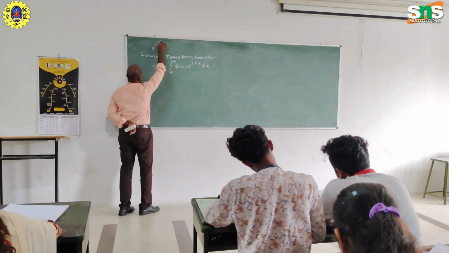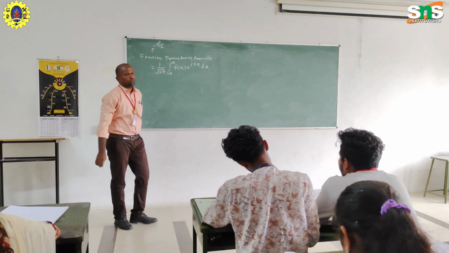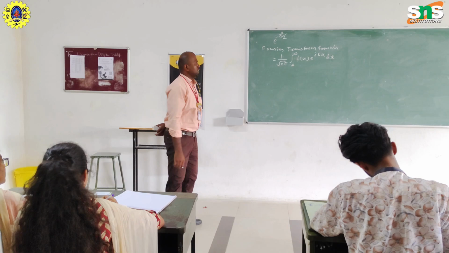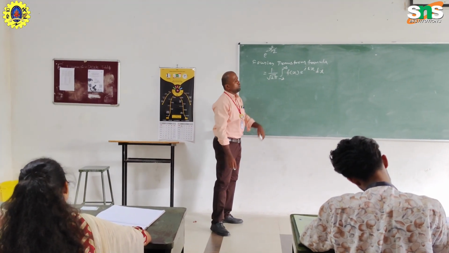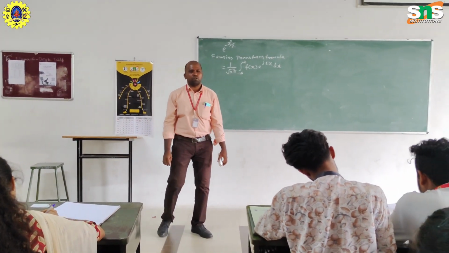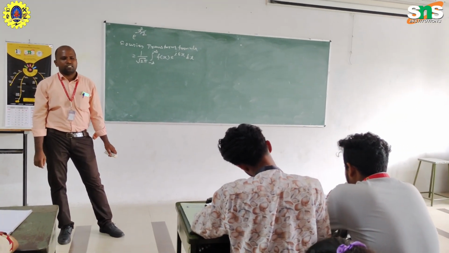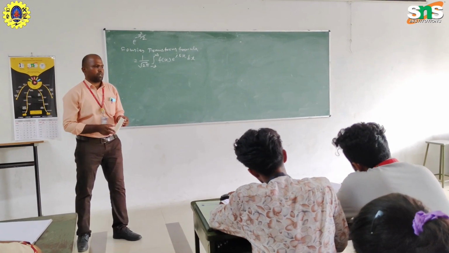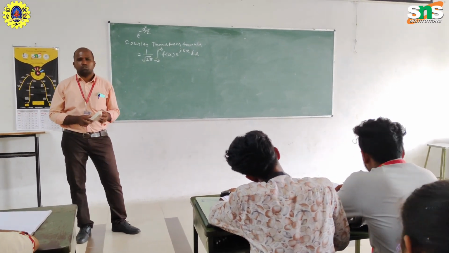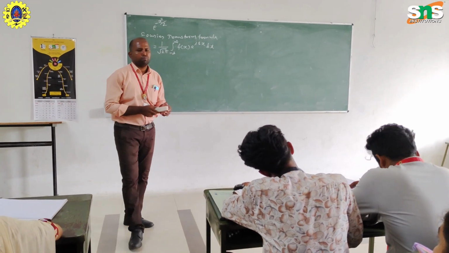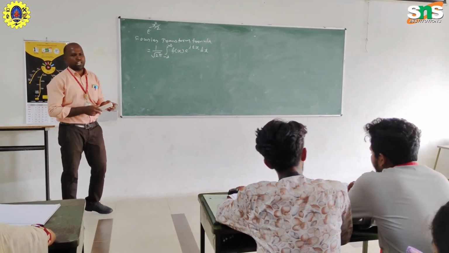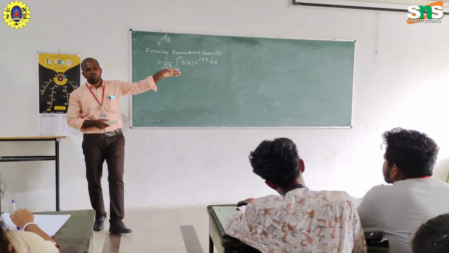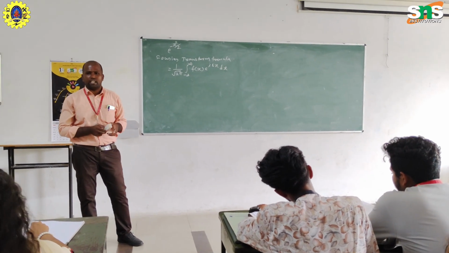Show that the function e power minus x square by 2 is self-reciprocal under Fourier transform. This one is the fifth important sum of the unit. Show that the function e power minus x square by 2 is self-reciprocal under the Fourier transform.